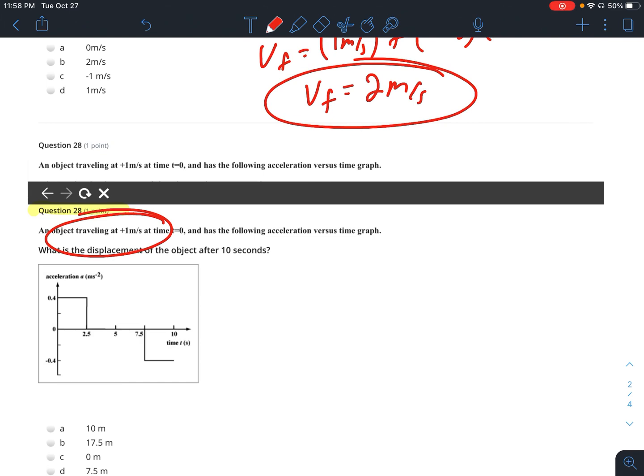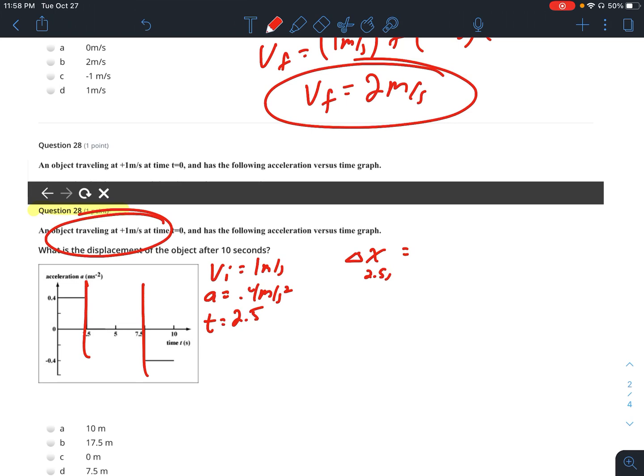So let's break this into parts. There's going to be 3 parts because we're moving in all 3 sections, so we're going to cover a distance in all 3 sections. The first part, initial velocity of 1, acceleration of 0.4, time of 2.5, which we have enough information to do some calculating of displacement for that first 2.5 seconds.